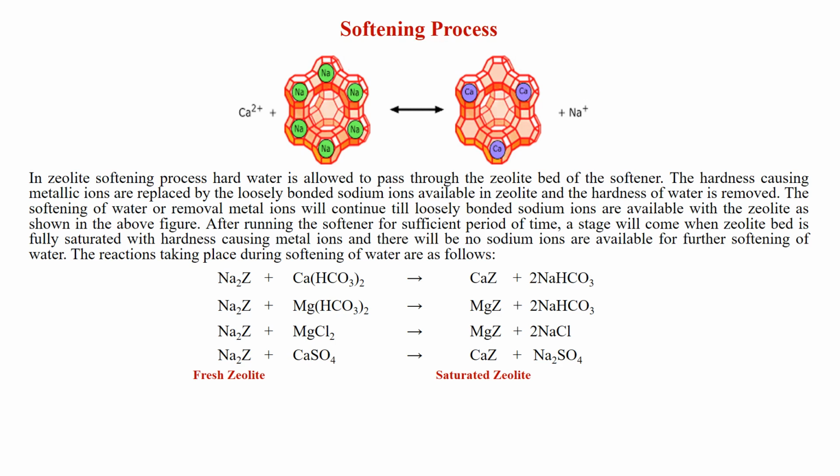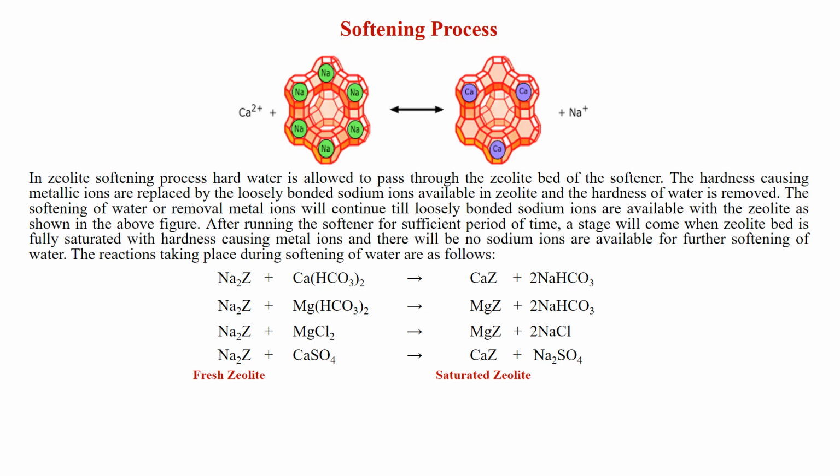When the hard water containing calcium and magnesium passes through the zeolite bed of the softener, the zeolite bed is saturated with the calcium or magnesium hardness causing ions and is represented as CaZ or MgZ.